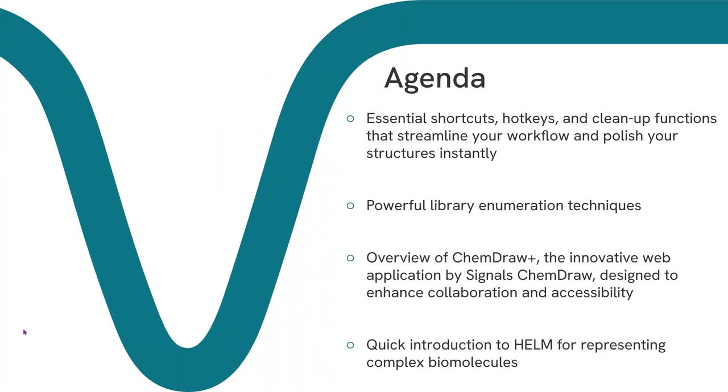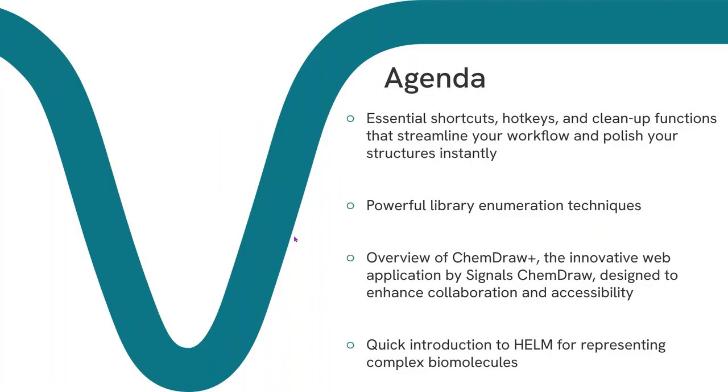We'll start with some features that have been in the ChemDraw desktop software for a while, but it's possible you're not using every bit of functionality that might be useful for you, things like keyboard shortcuts and hotkeys. Then how to use ChemDraw desktop to actually enumerate out a complex generic chemical structure into a complex multi-membered chemical array.